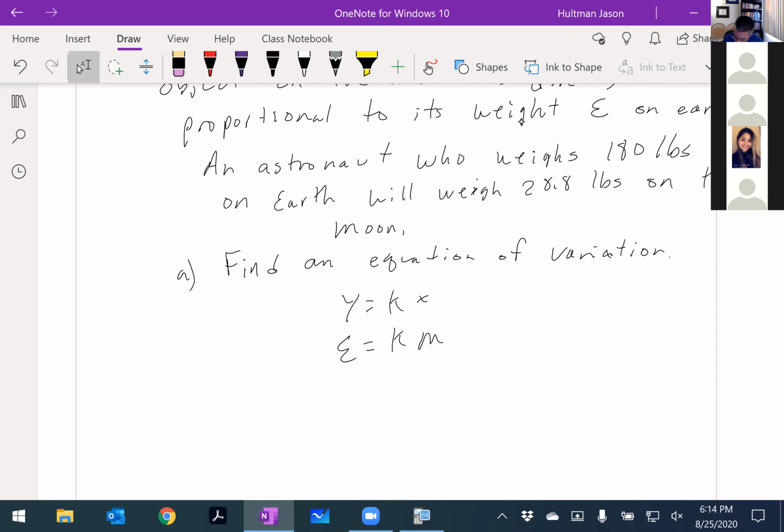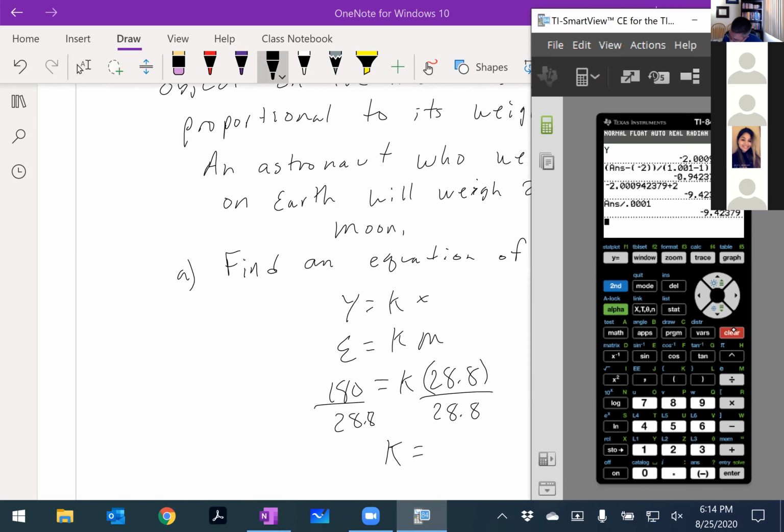So let's do that. We have 180 pounds on Earth is equal to K times 28.8 pounds on the moon. We'll just divide by 28.8, and we get K to be equal to what? 180 divided by 28.8.